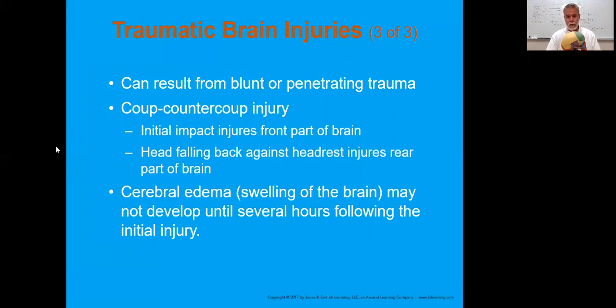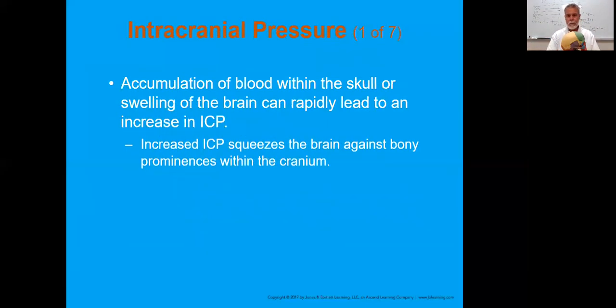The cerebral edema, swelling in the brain. What's fascinating about this is that it may take several hours following that initial injury. So someone might say, oh, I don't want to go to the hospital, but they whacked their head pretty good. To be on the safe side, this is why we would encourage transport.